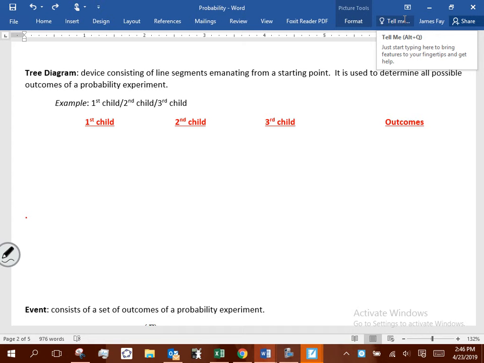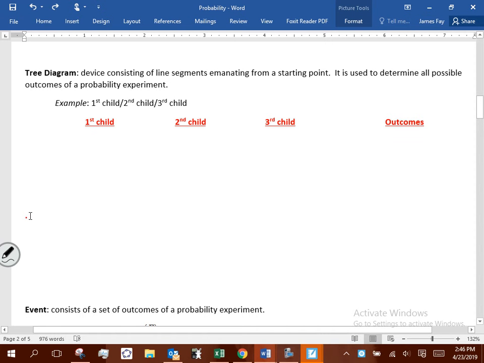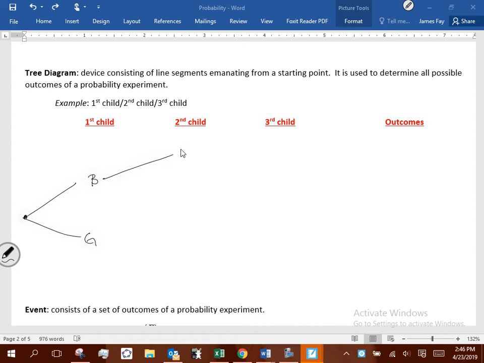Okay, so here's what we do. We start from an initial point, and we draw branches of our tree out to our first potential situation. And our first child could be a boy or a girl, correct? If we have a boy under our first child, what's my option for a second child? Boy or a girl.